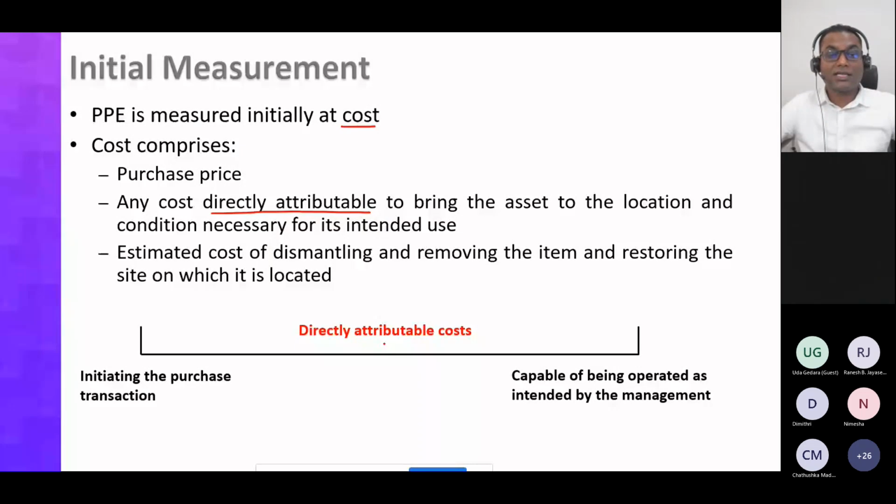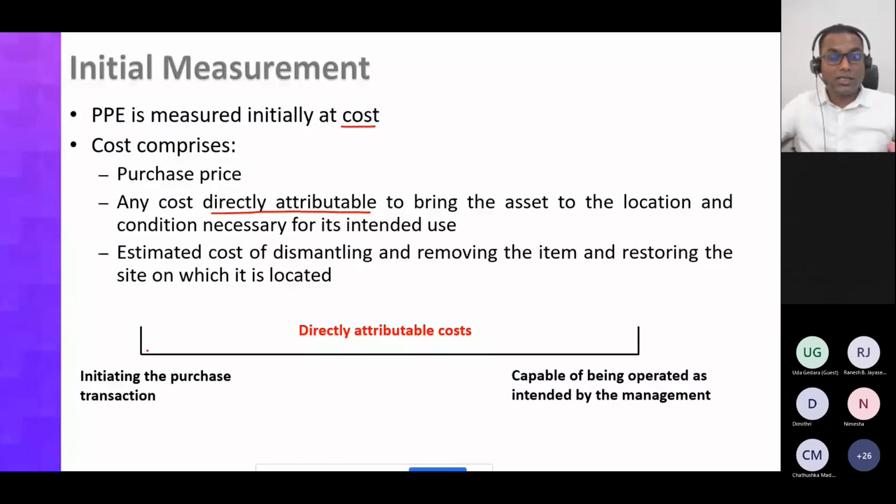If not for the purchase, these costs are not going to be incurred, right? Directly attributable cost. You can't include the apportioned cost into the directly attributable cost of the property, plant and equipment. So you can't do any apportionment. So directly attributable cost means if not for the purchase, these costs are not going to be incurred.